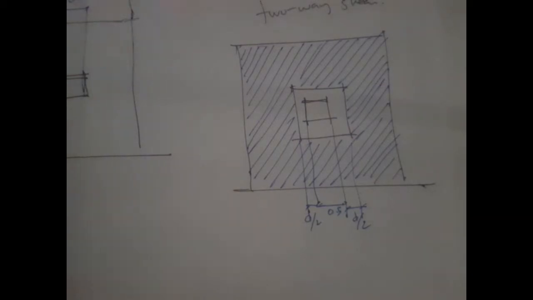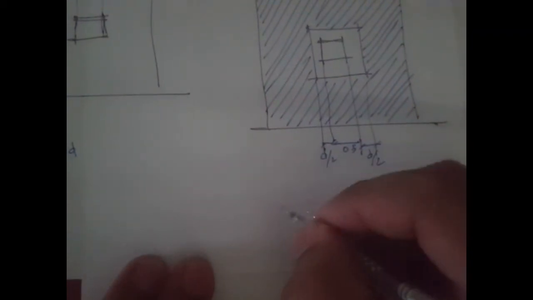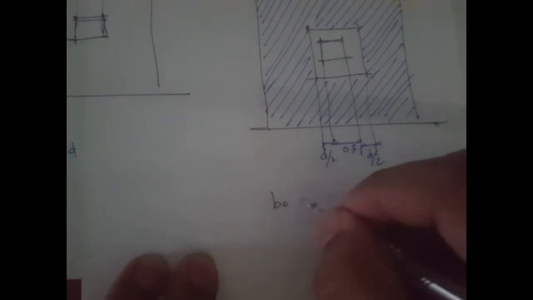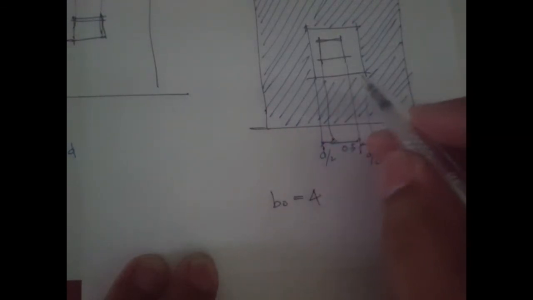Right. So now let's solve for the perimeter b naught at the critical section. Since this is a square, it's just 4 times c plus d.